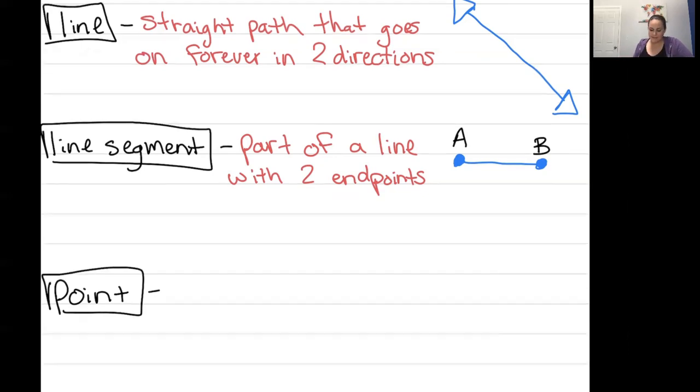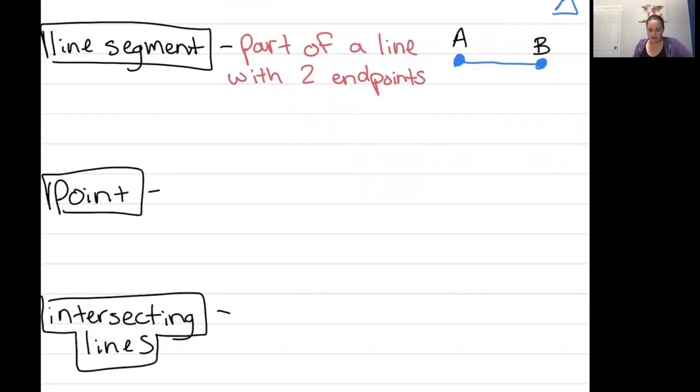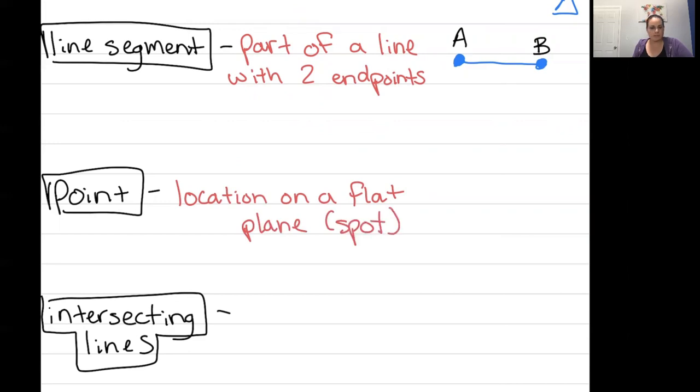Okay, and the next term that we want to talk about is a point. And most of you know what this is, but there's a kind of a fancy math term that we're going to talk about with it. So with a point, it is a location on a flat plane. And that's a fancy definition for a spot on a flat piece of paper.